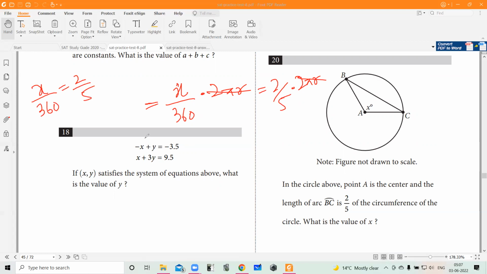Now you can solve for x. You multiply both sides by 360, or we could do cross multiplication.